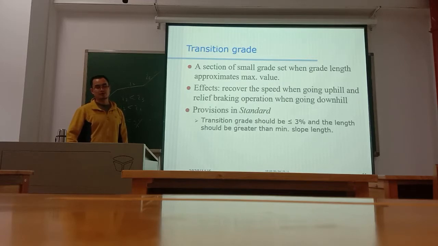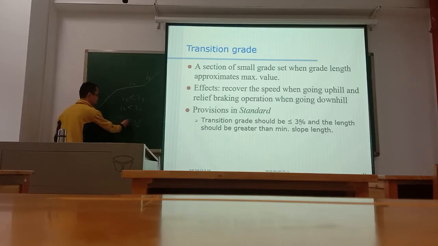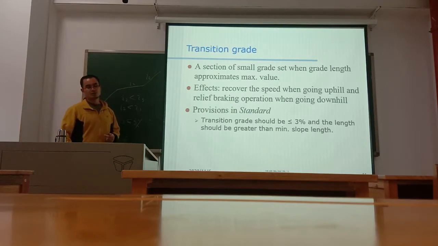The provision in the standard: transition grade should be less than or equal to 3%, and the length should be greater than the minimum slope length.